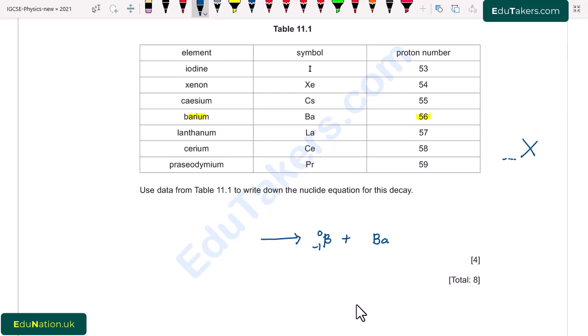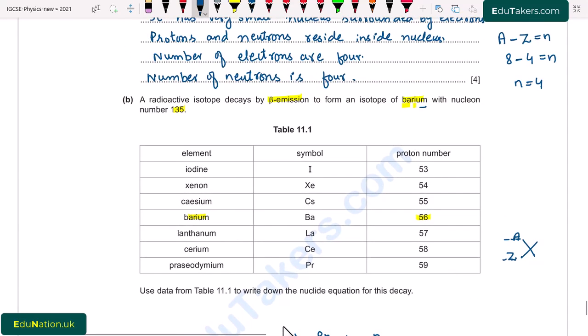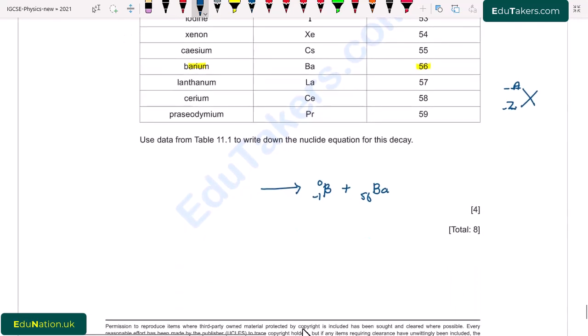So I write it with Z, and at the top we write the nucleon number, that is the number of protons and neutrons, represented by A. When I write barium, its atomic number or number of protons is 56. I write here 56, and it is given that the nucleon number is 135.